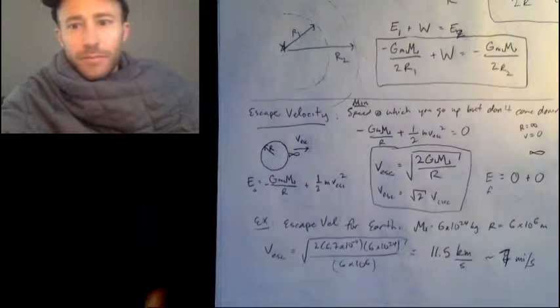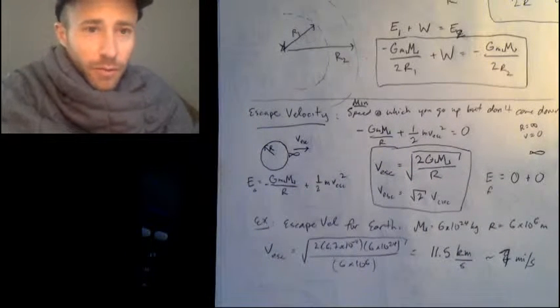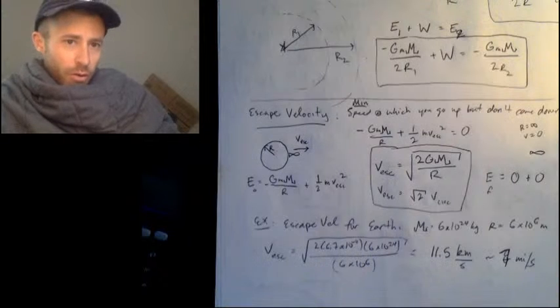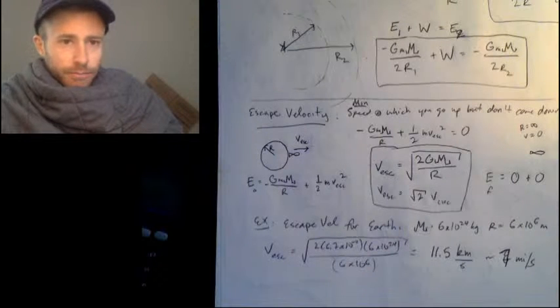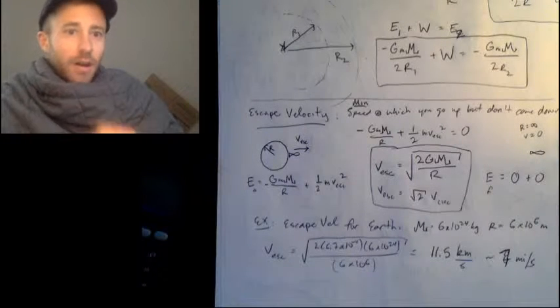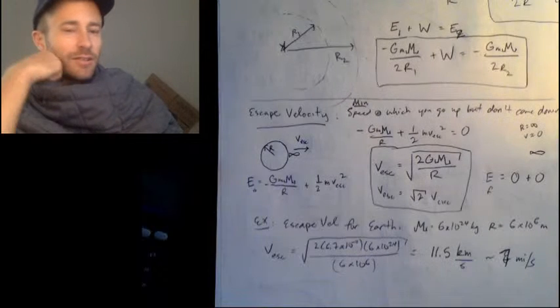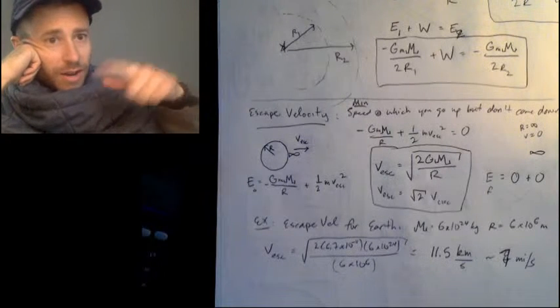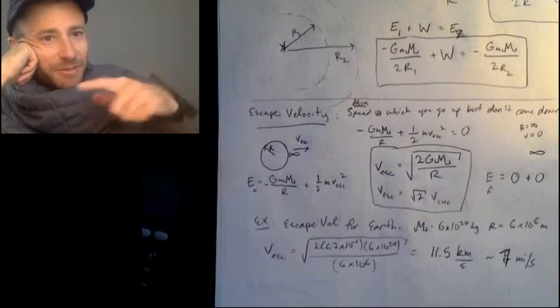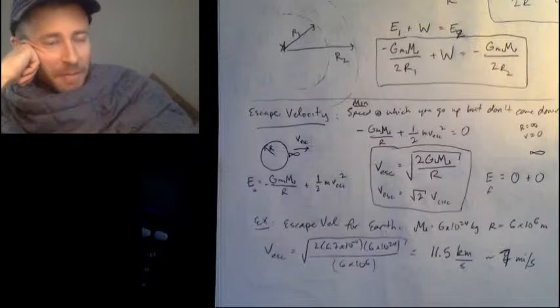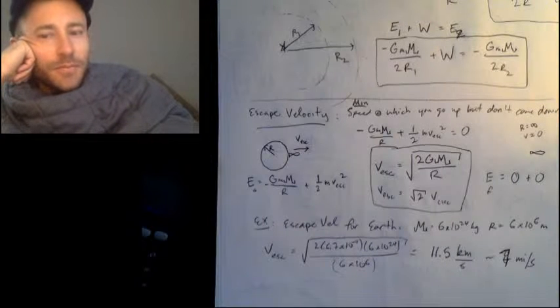So that's crazy fast. If you were able to throw a rocket or a baseball upward, neglecting air resistance, at 7 miles per second, so 28 laps around the track per second, it would go up and it would never come back down.